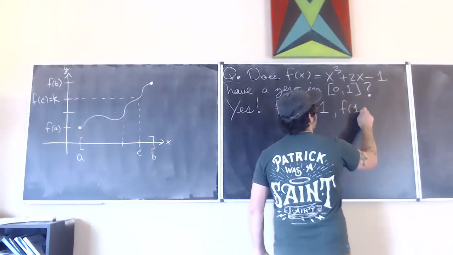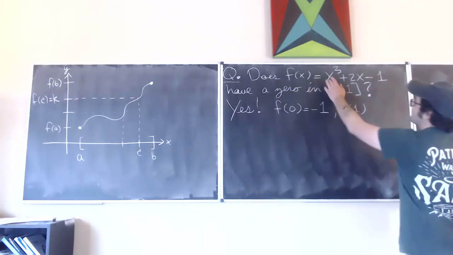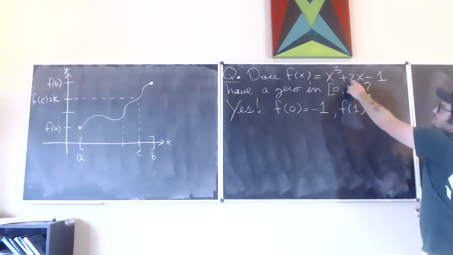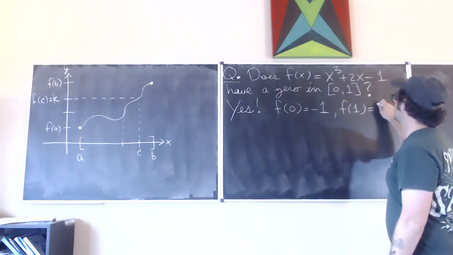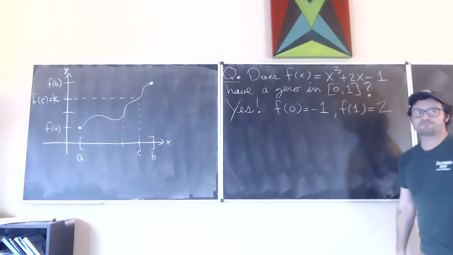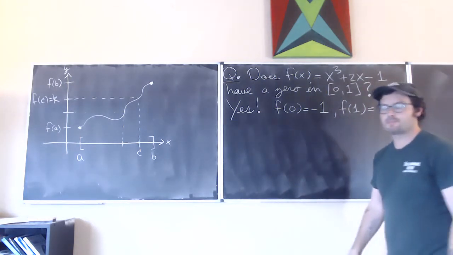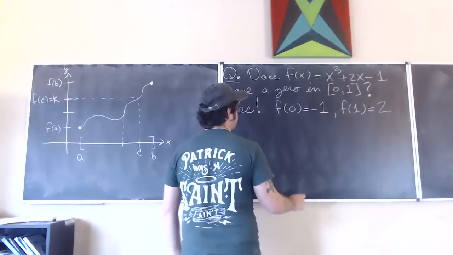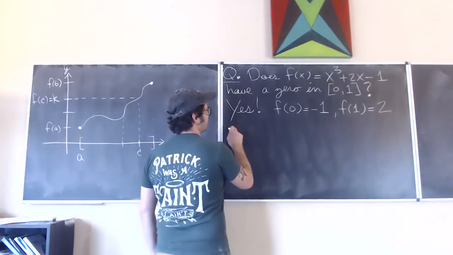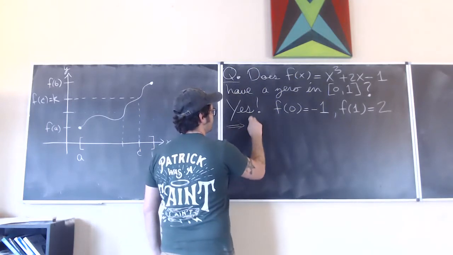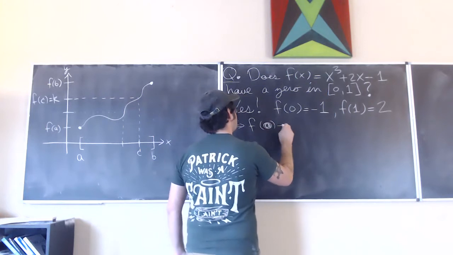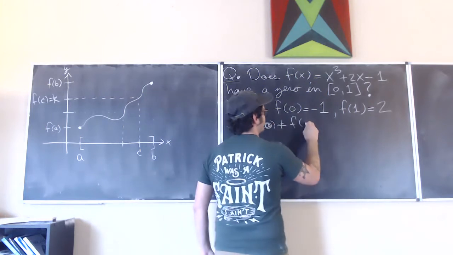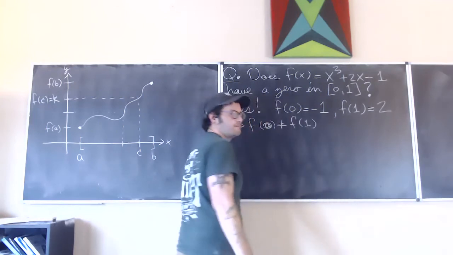What's f of 1? So it's 1 plus 2, so it's 3 minus 1. It's 2. Right? So this is telling us that f of 0 is not equal to f of 1. Right?